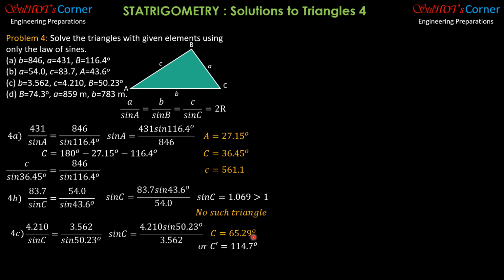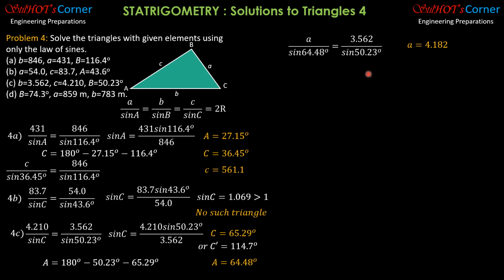Let's solve for angle A, which is 180 degrees minus angle B, 50.23 degrees, minus 65.29 degrees. So angle A is 64.48 degrees. Then let's solve for side A by sine law. A over sine 64.48 degrees equals 3.562 over sine 50.23 degrees.